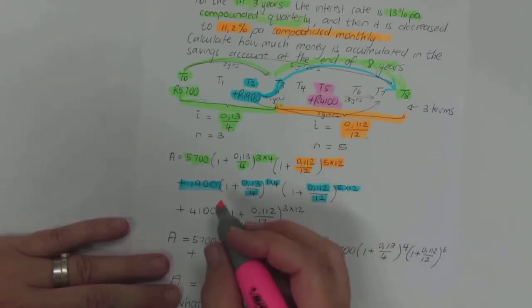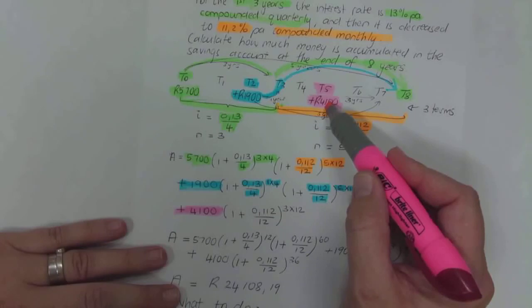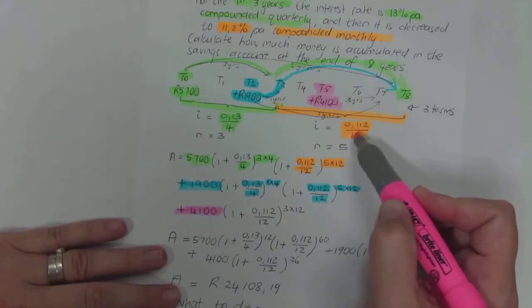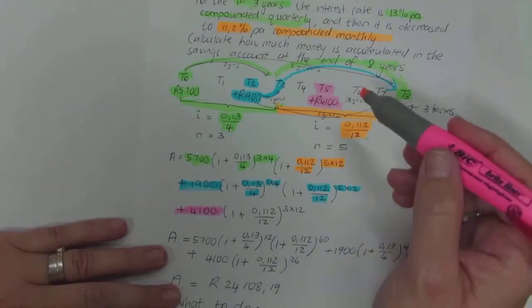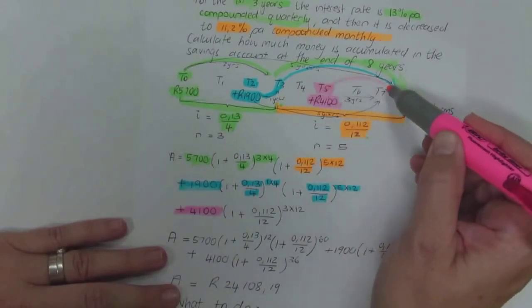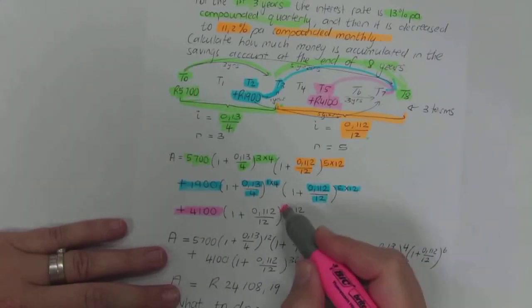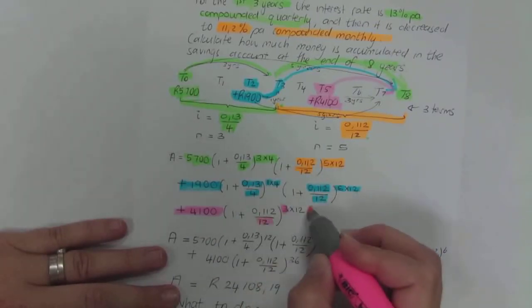Right, if I look at 4,100, 4,100 was only exposed to the 11.2%. For how long? Well, it was made in the 5th year, so it only had 3 years. But for 3 years, the interest rate was done monthly.